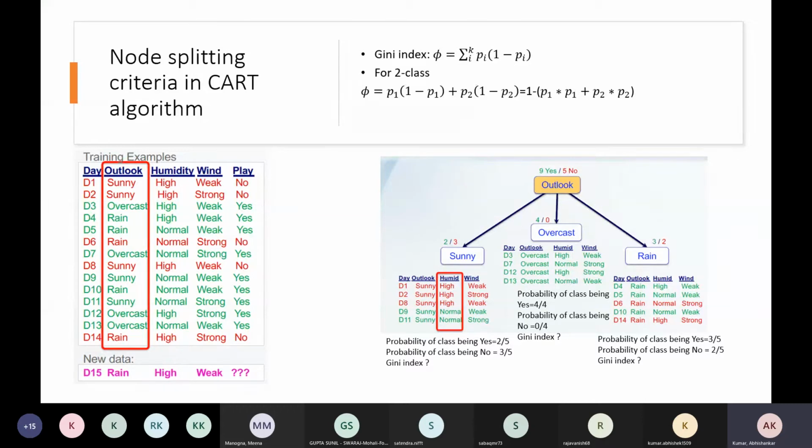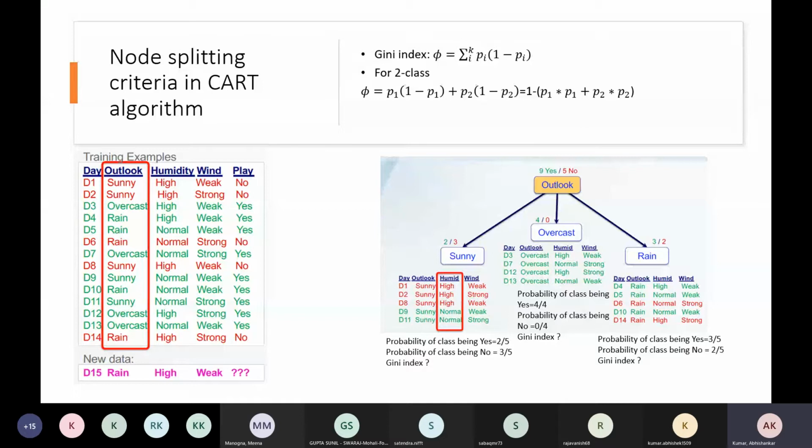This algorithm first selects one feature, outlook, splits the node, calculates the Gini index and sees what gain they achieve when they select outlook. Again they select humidity and see what gain they get. Then they see wind, and they select the feature which gives the maximum gain.